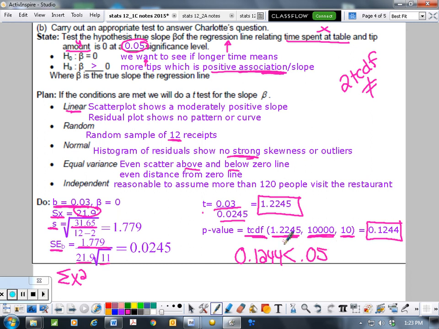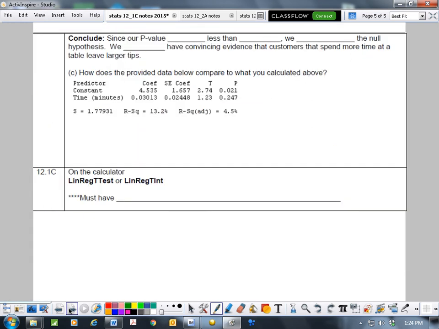And since it is not less than, because 0.12 is not less than 0.05, we fail to reject our null hypothesis. We do not have convincing evidence that customers that spent more time at a table leave larger tips.